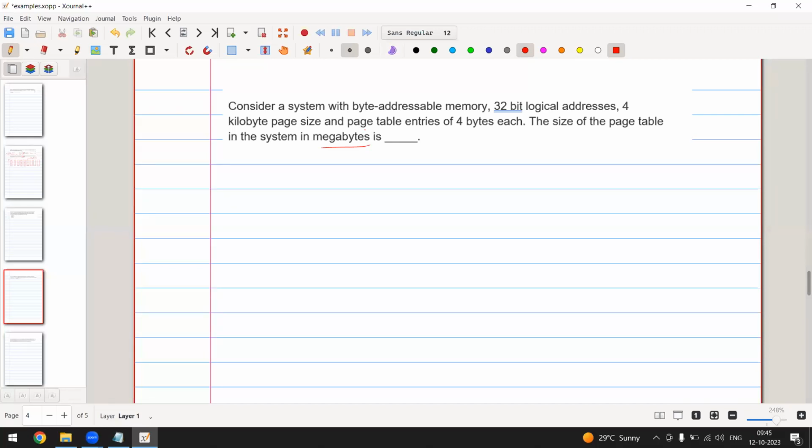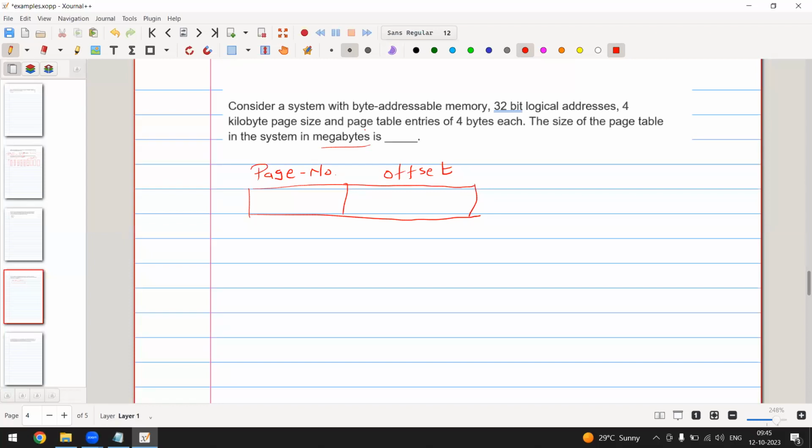As you know, the format of logical address is page number and offset. The structure of the logical address is page number and offset.